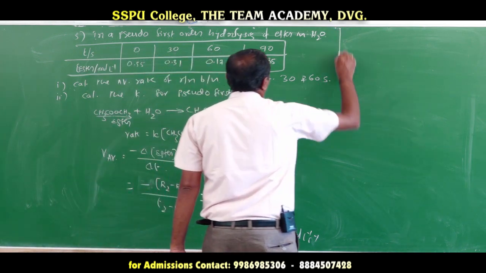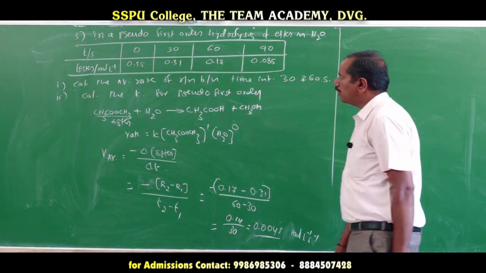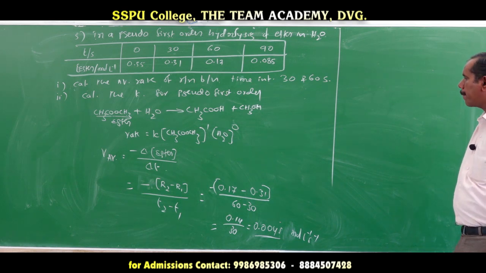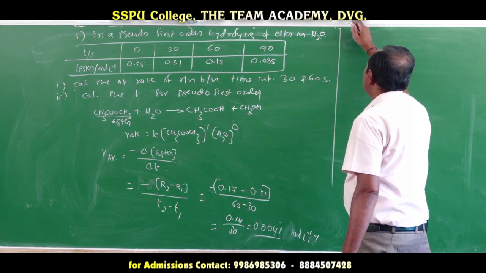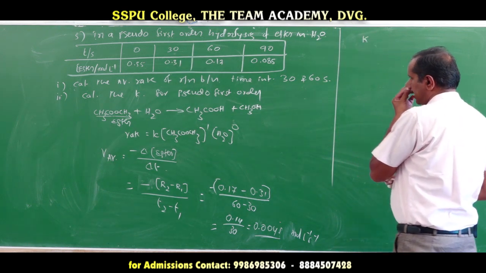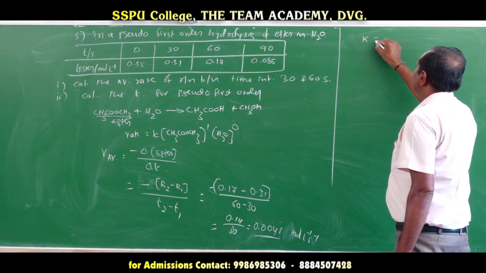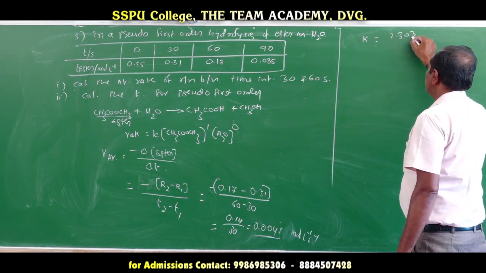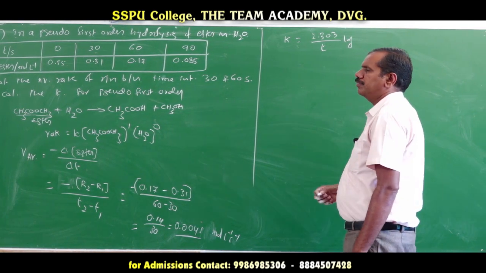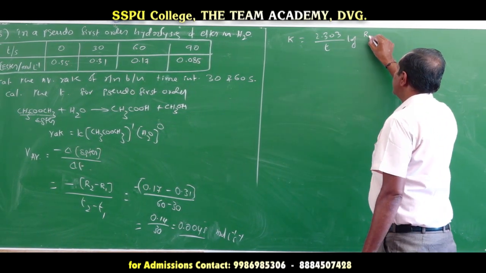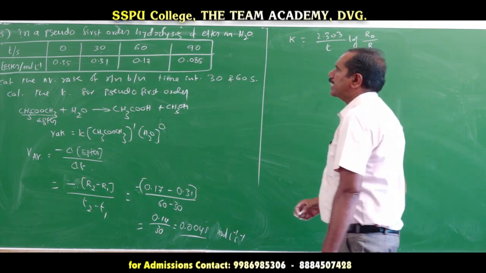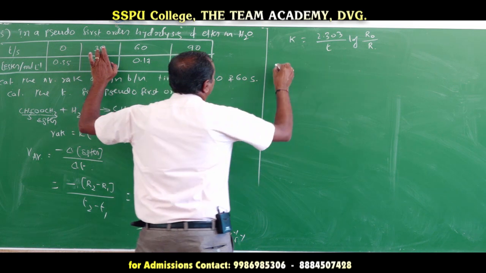So how to find out the K? For first order kinetics, the K value always remains constant. Hence the K can be calculated using the formula for first order, 2.303 by T into log of R0 by R. So we can calculate the rate at 30th minute.